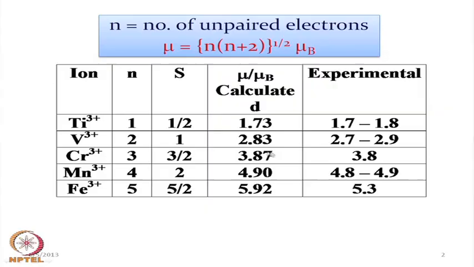So, this is where n is the number of unpaired electrons, S is equal to half, and the mu value is equal to 1.73.